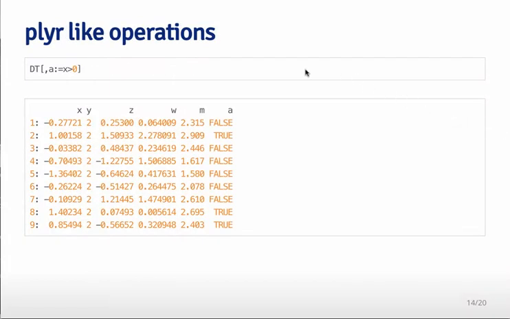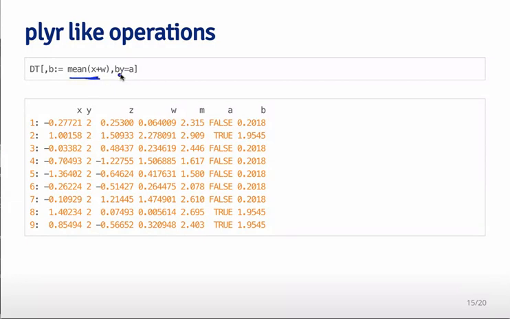You can also do plyr-like operations. For example, we can add to this data table a variable a, which is equal to true when x is greater than 0 and false when x is less than 0. So now we have a binary variable a that we can work with. Suppose we want to summarize another variable by the cases when x is greater than 0 versus the cases when x is less than 0. For example, we can take the mean of x plus w and do it grouped by the variable a.